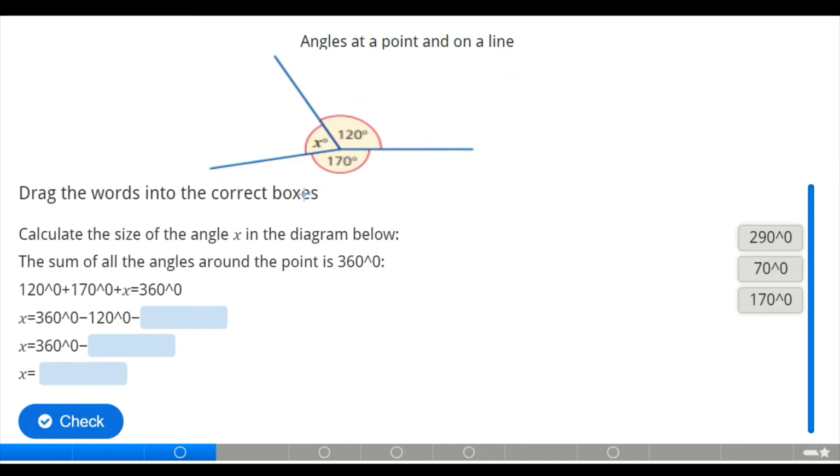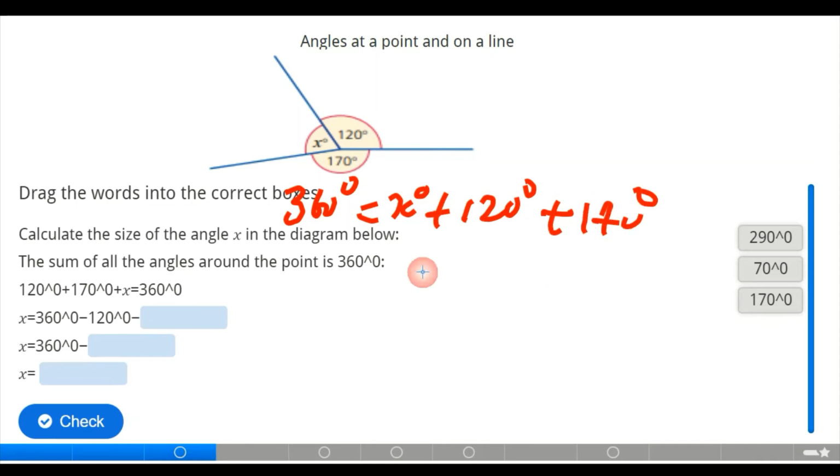So we have 360 degrees equals X degrees plus 120 degrees plus 170 degrees. 120 degrees plus 170 degrees gives us 290 degrees. We want to get X, so we take 290 degrees to the other side.